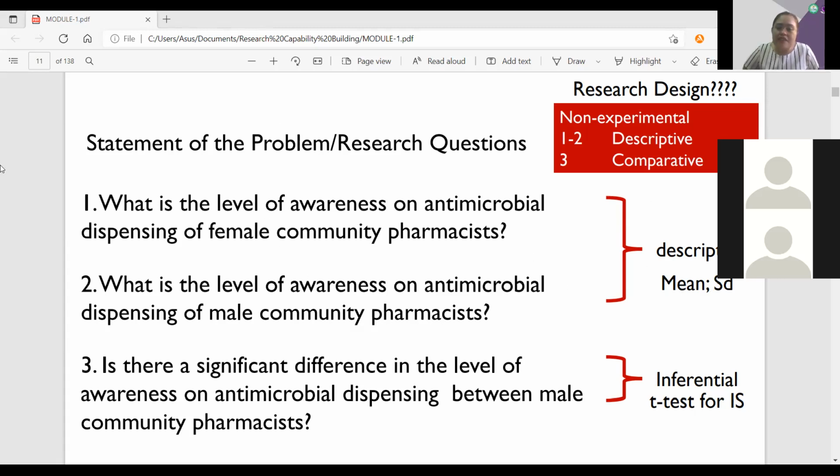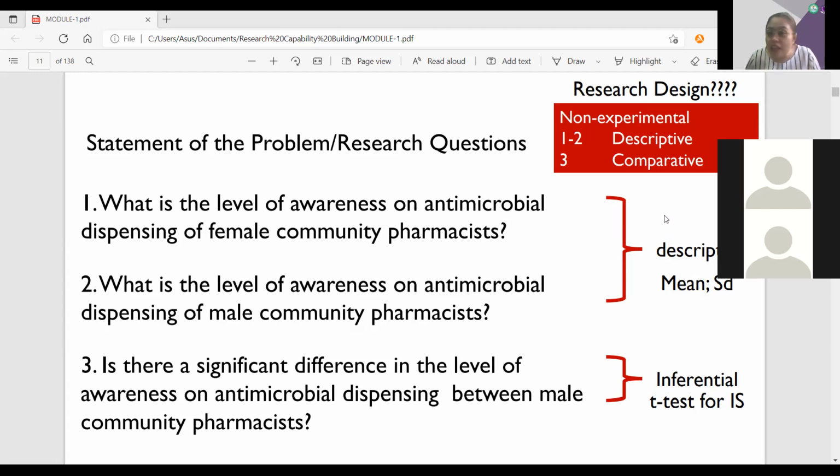So what is the level? Though it is not explicitly stated that it's the mean, automatically when we ask for the level of awareness, since we have lots of questions in the questionnaire, we will be getting the mean, and at the same time the standard deviation, to see if the level of awareness of the pharmacists really varied.